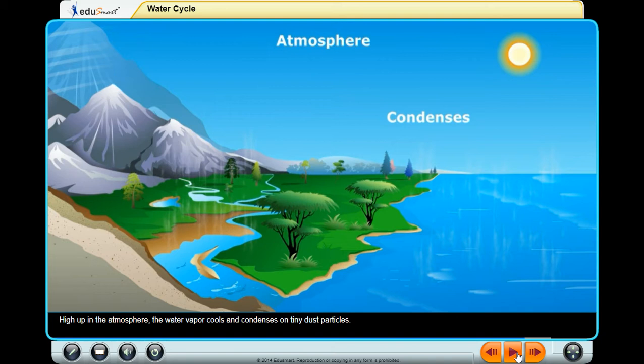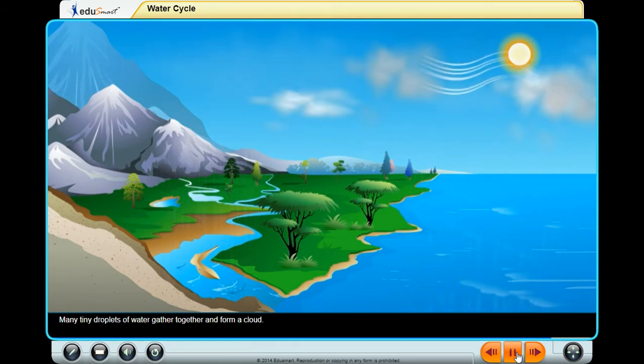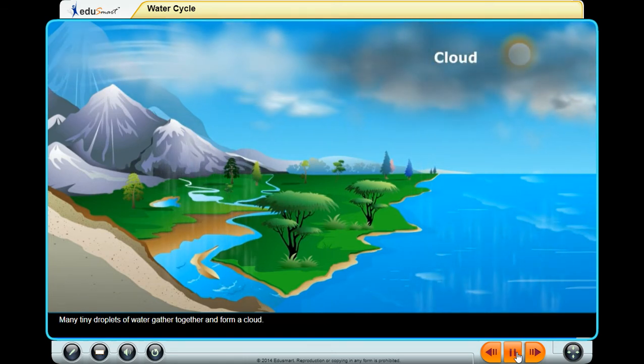Or if you've had a cold drink and it looks like it's leaking everywhere. That's condensation. That same stuff is happening just like it does on the glass of your car and on your cup and on the plants. That same thing is happening in the sky, and where it's collecting is on those dust particles. Many tiny droplets of water gather together and form a cloud.